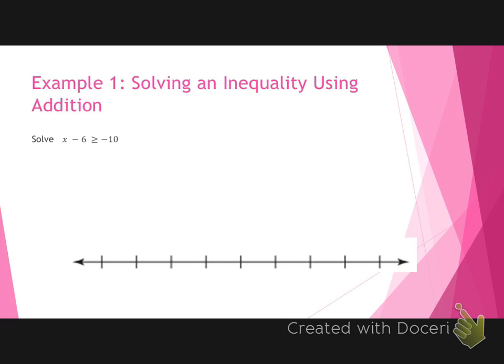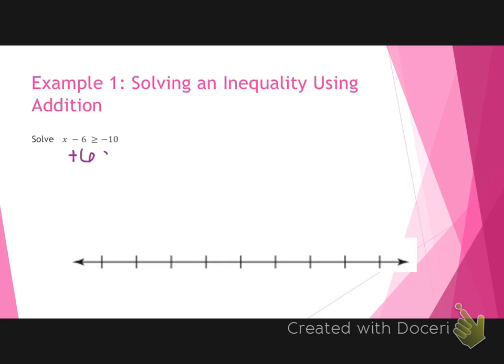So let's look at our first example, solving an inequality using addition. What you're going to do is you're going to solve much like you would a regular equation. So we have a minus 6 over here. We want to get the x by itself. So we do the inverse. We add 6.